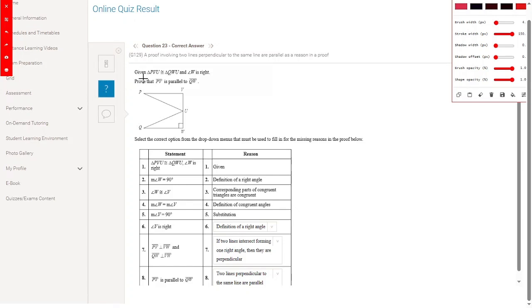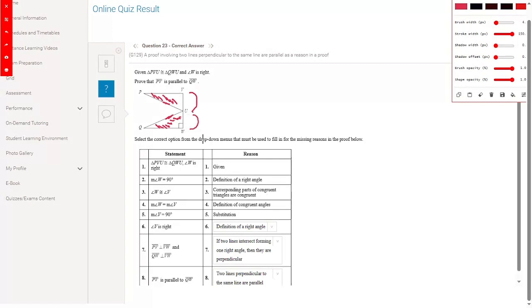Now, given that this triangle BVW is congruent to QWV, because they are congruent, any corresponding parts of the congruent triangles are congruent. That means BV will be congruent to QW, and VU will be congruent to UW.